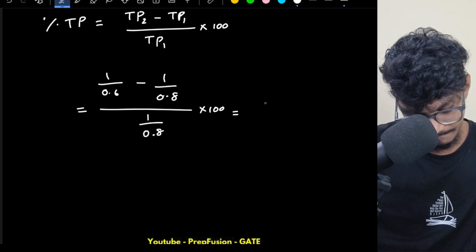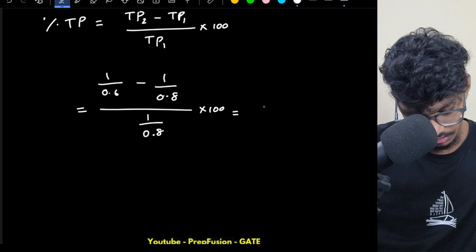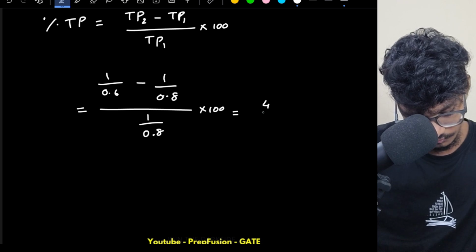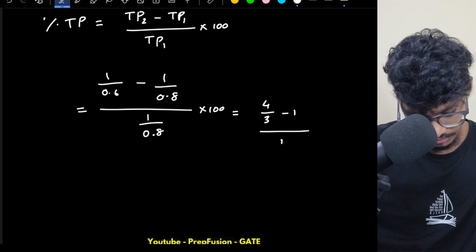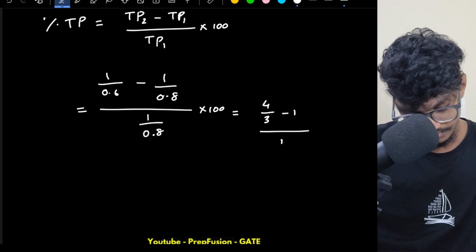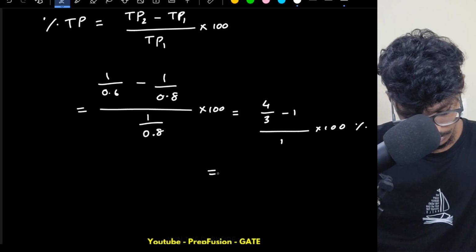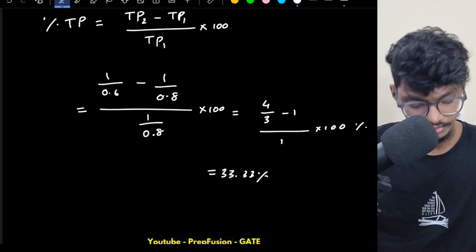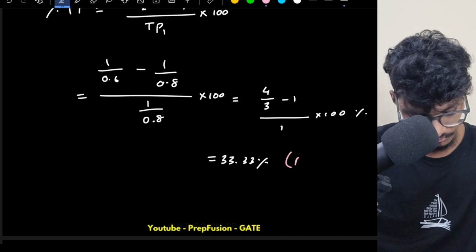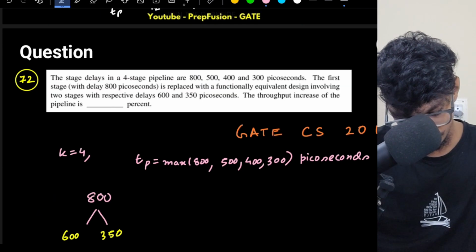So this becomes 8 by 6, that is 4 by 3, minus 1, divided by 1. So it becomes 1 by 3 into 100, which is 33.33%. So the answer is 33.33, because they have asked by how much percent throughput increases.